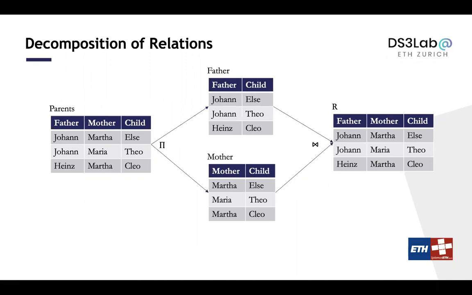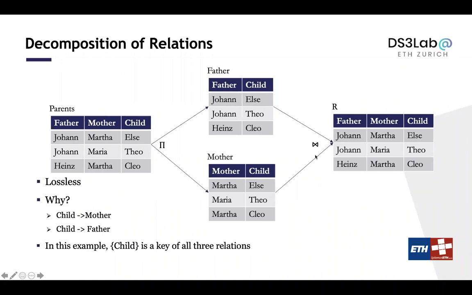In this case, as we can see, if you join them together, you are going to recover all the information in the input. If you think about why, in the original relation you have the functional dependency from child to mother. You also have the functional dependency from child to father. Because of this, once you do the decomposition and join them back, you will preserve all the information in the input.